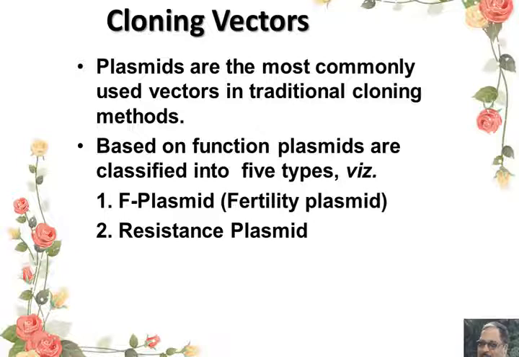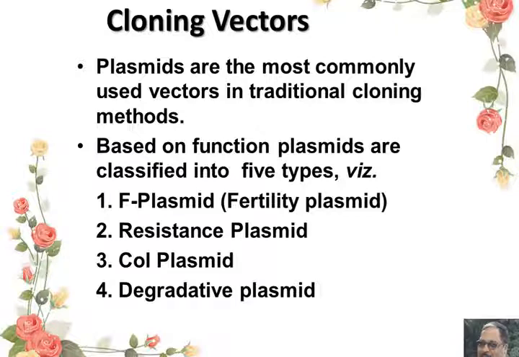Resistant plasmid. These plasmids contain genes that provide resistance against the antibiotics or poisons. Col plasmid. These plasmids contain genes that code for bacteriocins, proteins that kill the other bacteria.